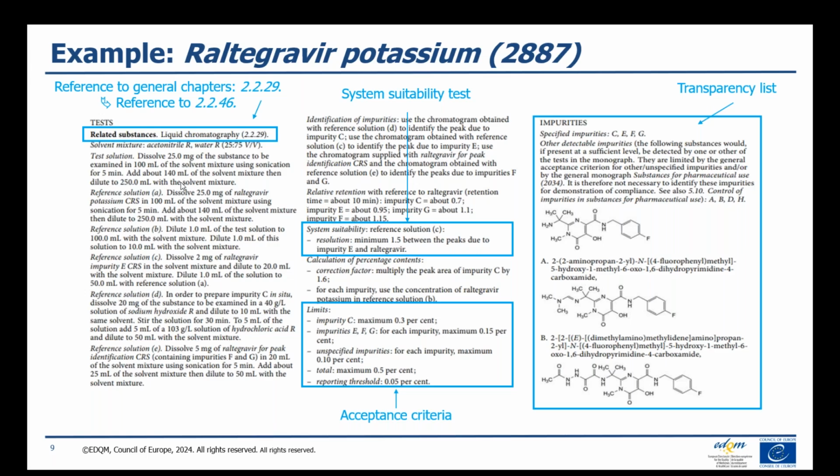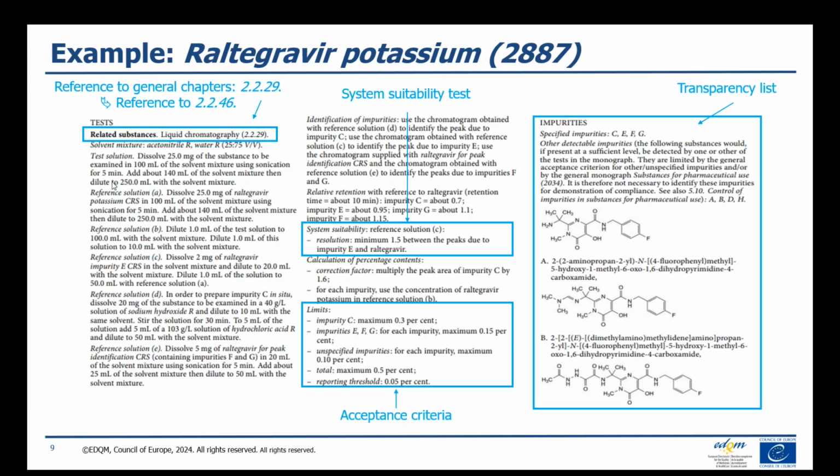So here it is an LC method which is used, so you have a reference to the general chapter 2.2.29. And if you go through this text, you will see that there is also a reference in this general chapter to the general chapter 2.2.46 on the chromatographic techniques. So it is important also to look at this text before you start the testing of your substance.